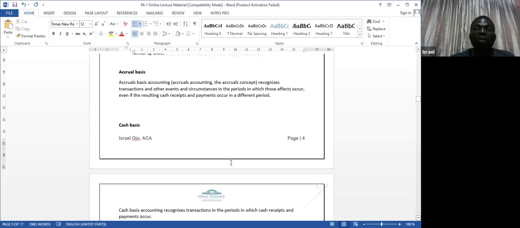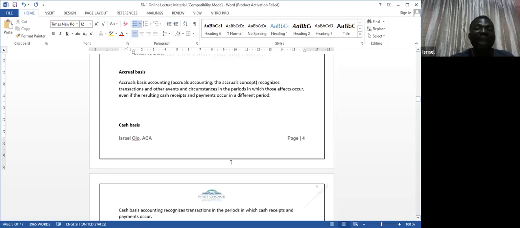Also, for example, expenditure. Let's say I have a building I'm using to run my business, and I've not paid the rent for it. Probably my last rent expired last year, and for this year I've used 3 months but have not paid. The amount of rent I've not paid, I'm still going to pay in the future.